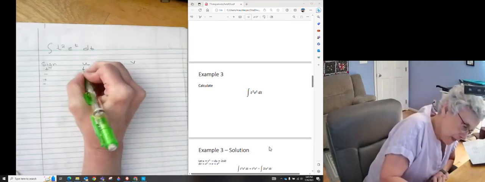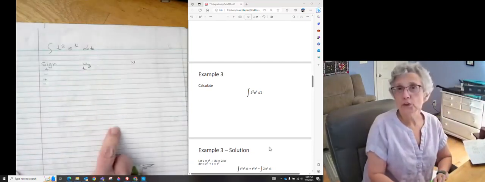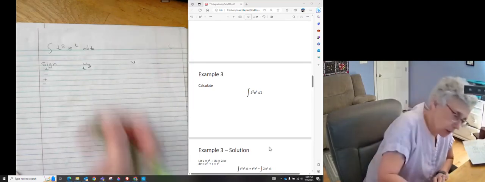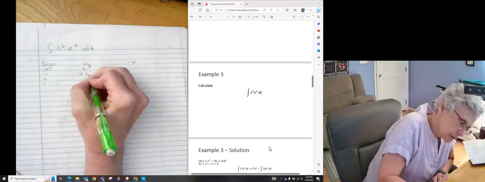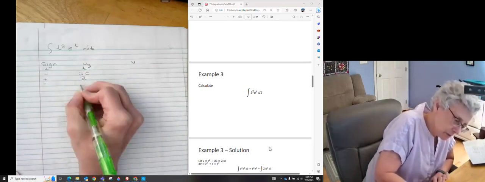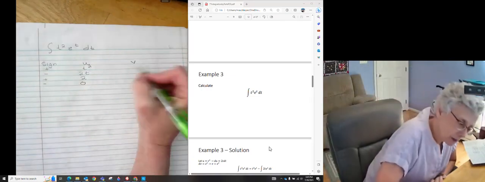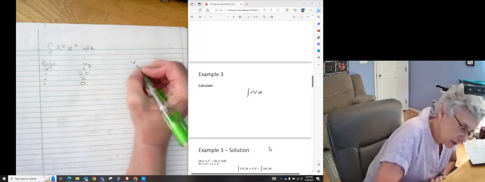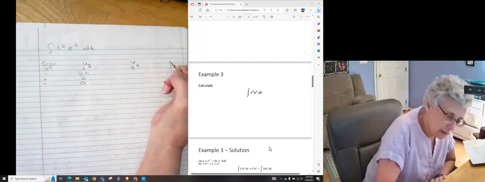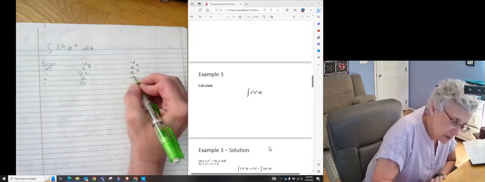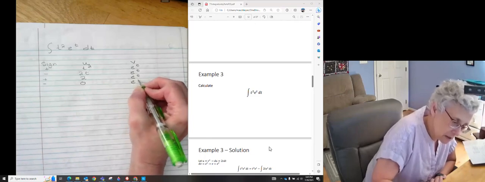So, you write down your u and then you differentiate until you can't differentiate anymore. 2t, 2, 0. I have 0, I'm done. Now I'm going to start with my dv, which is e to the t. So my first v is e to the t, e to the t, e to the t.